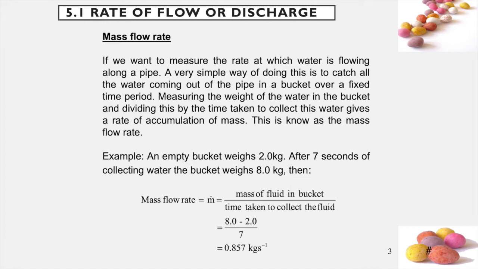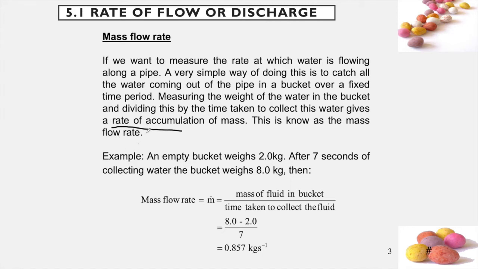This gives a rate of accumulation of mass. When we are talking about rate, there is what we call per second. In your solution you will have per second. This rate of accumulation is known as mass flow rate.